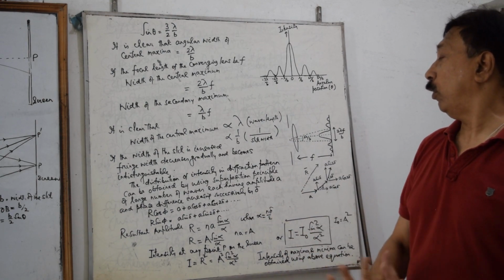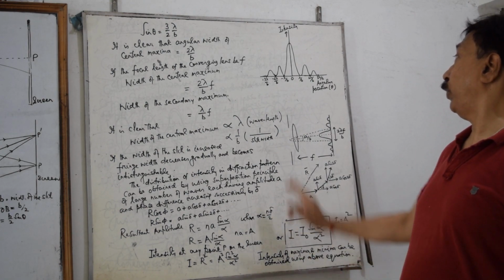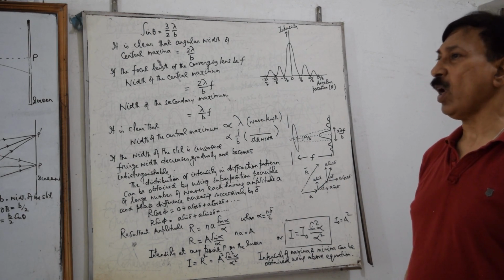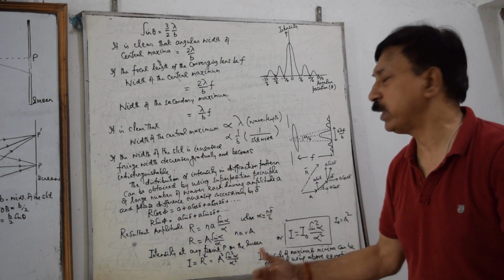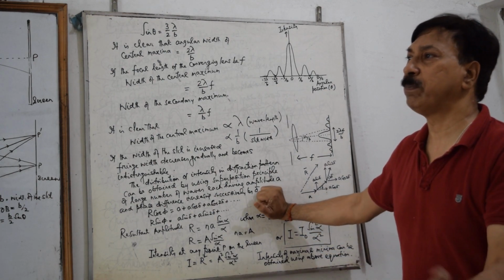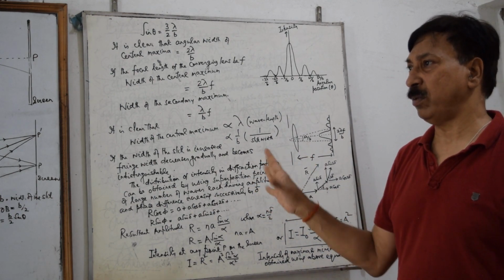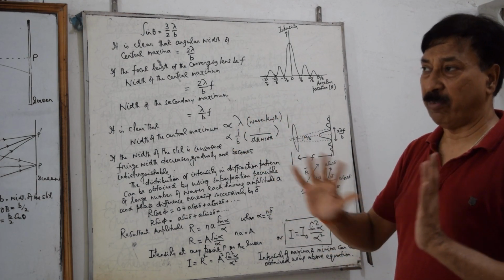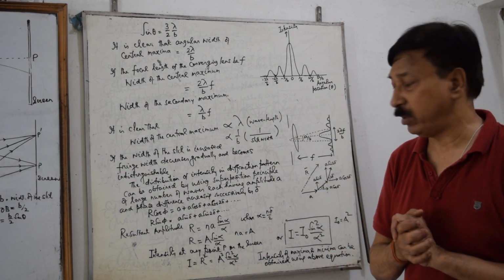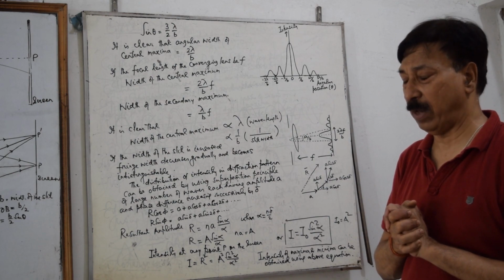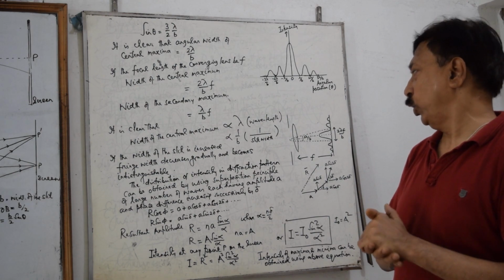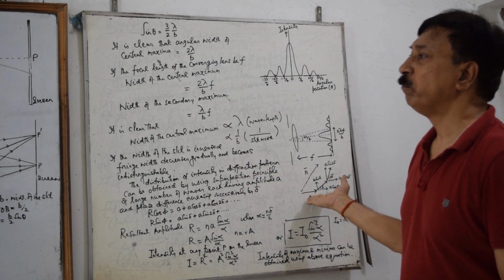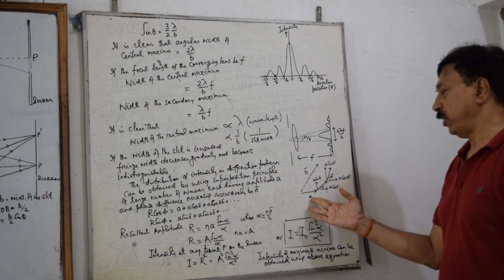Now, to obtain the distribution of intensity in the diffraction pattern, we make use of the superposition principle. As there are a large number of waves, each of the same amplitude and a successively increasing phase difference delta, we can use the superposition principle to find the resultant intensity of the wave.